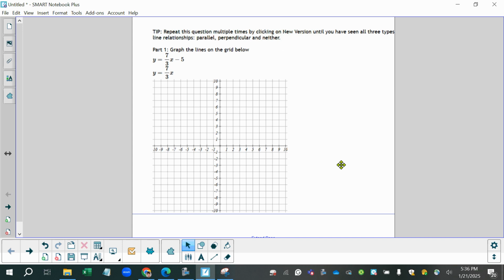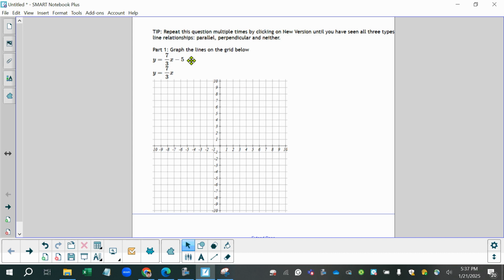All right? So let's go ahead and review how to graph a line. These two equations are given in slope-intercept form. What slope-intercept form does for us is allows us to quickly identify both the y-intercept as a starting point, that would mean wherever the line crosses the y-axis or the vertical axis, and then the slope, which is always a coefficient in front of x, and that will tell us the rise over run or the steepness of the line.